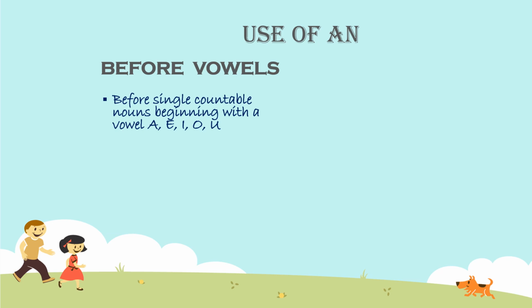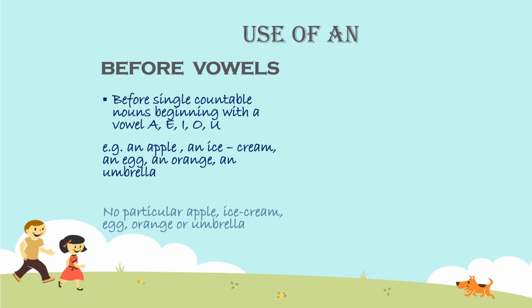They are A, E, I, O, U. This simply means that we will use an before a single countable noun beginning with a vowel, that means beginning with A, E, I, O or U. See the examples: an apple, an ice cream, an egg, an orange, an umbrella.